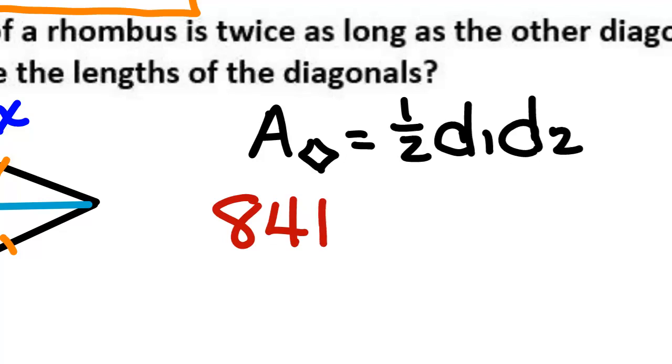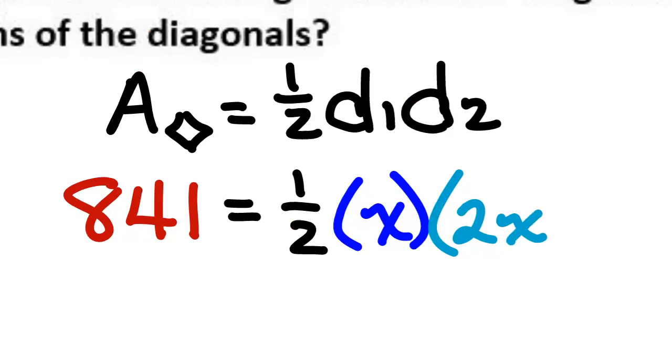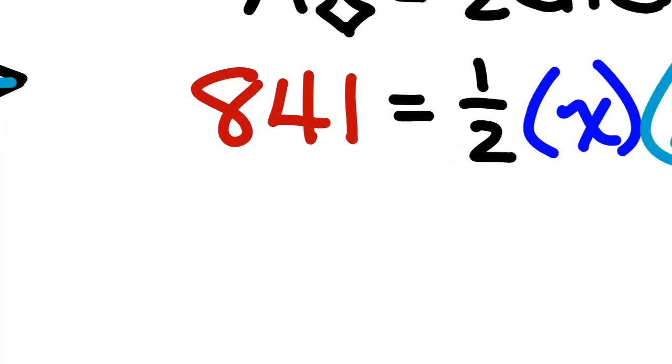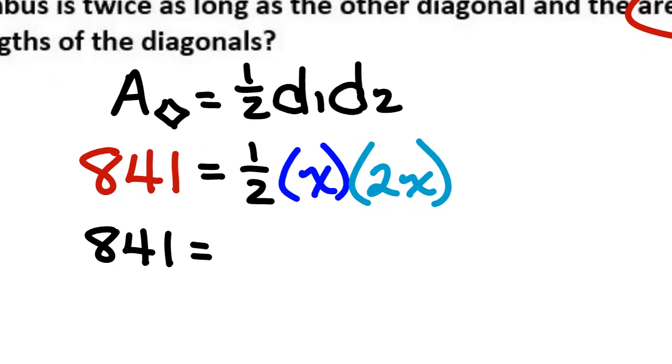So we're going to put 841 in the place of A equals 1/2 times x times 2x. And now we're going to simplify this. 841 equals, I can multiply the numbers together. What's half of 2? 1.